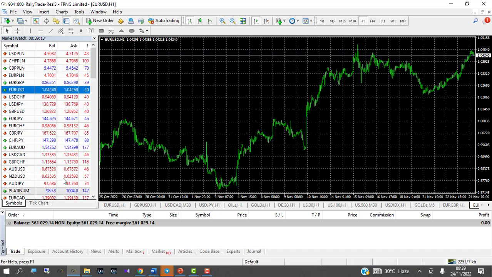The Market Watch is an array of all the available and tradable instruments. By instrument, we mean financial instruments, financial securities, okay? Foreign exchanges, their rates, their prices. So you see them here, okay? Ranging from currency pairs, as you can see, the majors, the minors, the exotics.